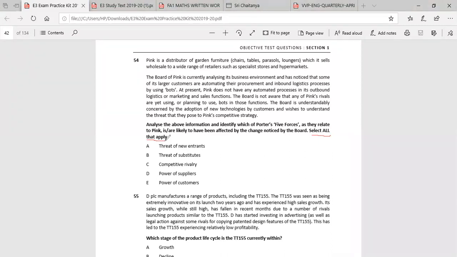Please, all of you, please read this case once again and then give me the answer.